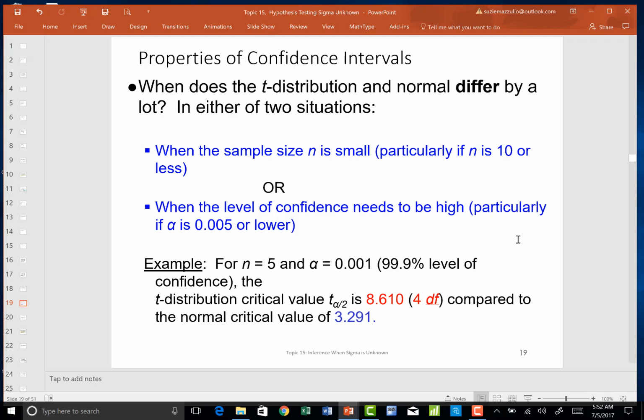For a sample size of 5 at a 99.9% confidence level, the t critical value is 8.610, with 4 degrees of freedom, compared to the normal critical value, which is 3.291. That's a pretty substantial difference. So when our sample sizes are very small and our confidence levels are very high, the student t and the standard normal differ quite amazingly.